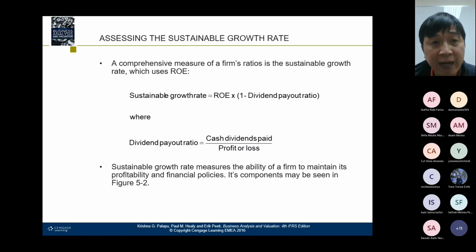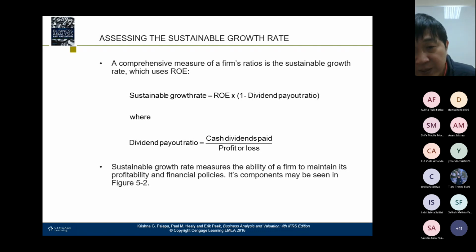A comprehensive measure is the sustainable growth rate, which uses the ROE. The sustainable growth rate is ROE times 1 minus the dividend payout ratio. The dividend payout ratio is defined as cash dividends paid over the profit or loss.